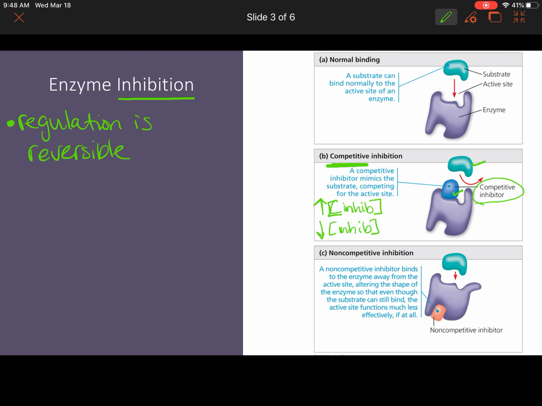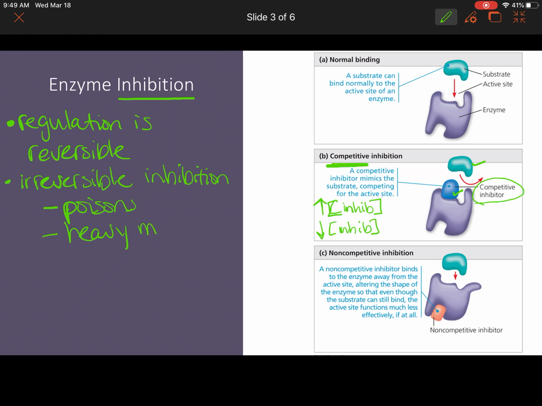Permanent inhibition is bad for living things. Okay? Permanent inhibition or irreversible inhibition is what a lot of poisons do.